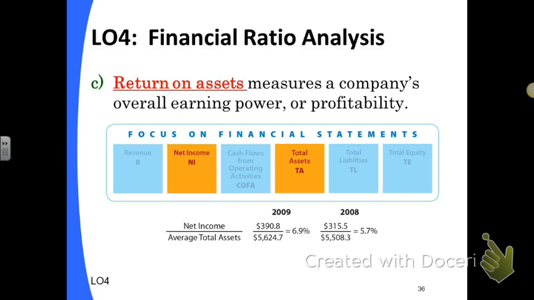And in all likelihood here, if you go back to our first ratio, the profit margin, we noted in that slide that we were slightly more profitable from 2008 to 2009. So that's going to be a contributing factor as to why our return on assets got better during the period.